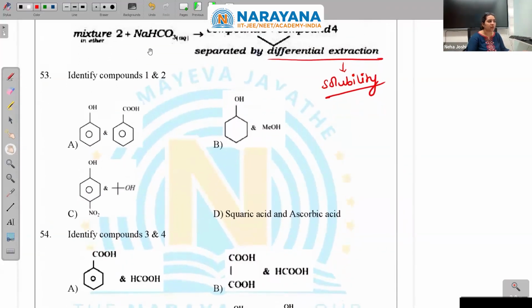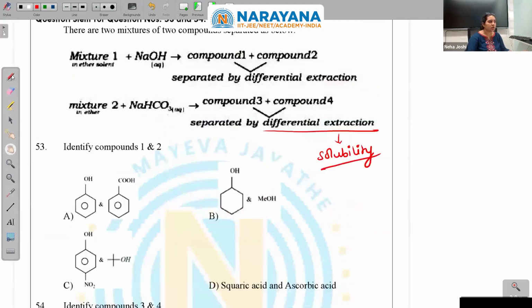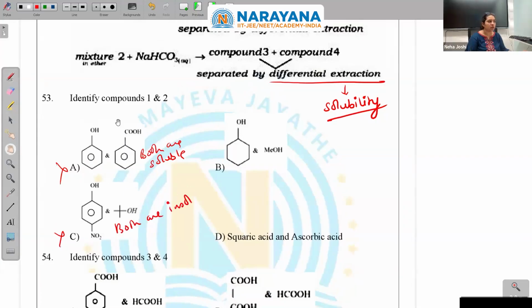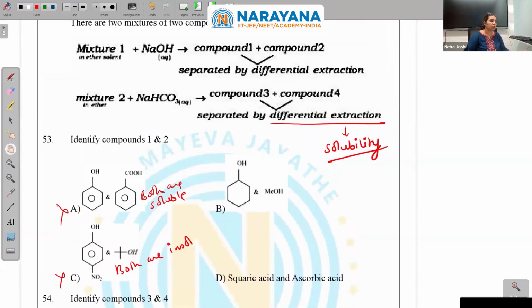1 and 2 means aqueous NaOH. This cannot be because both are soluble. One should be soluble, one should not be. Okay, so this cannot be because both are insoluble. Second, we have to talk in NaOH.